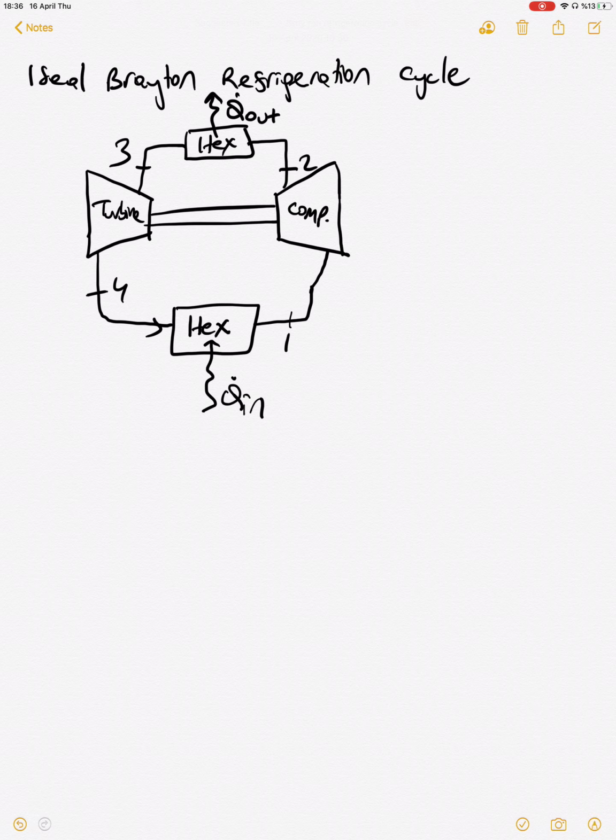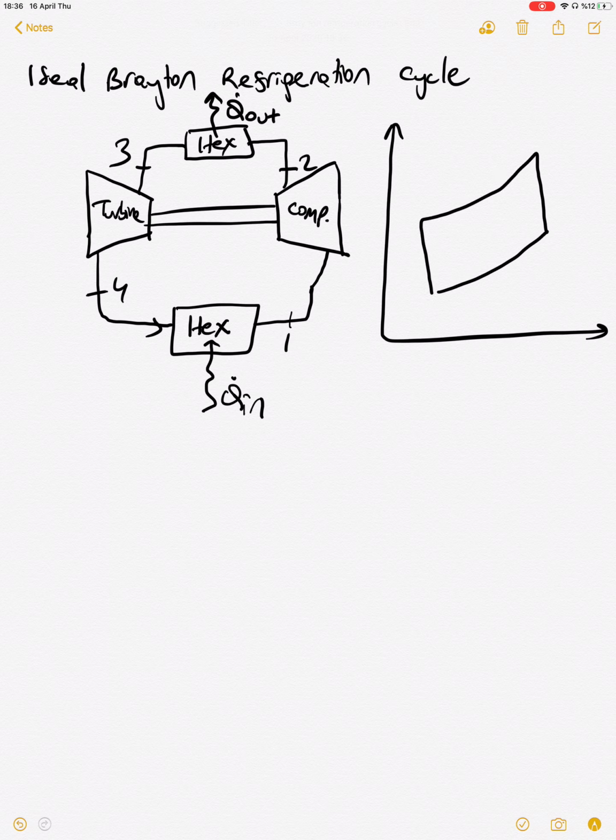vapor refrigeration system. So this is the gas refrigeration system. So this is the main difference. The working fluid here can be air. And if you look at the TS diagram for this, we don't have the two-phase system. So we have here a typical gas.